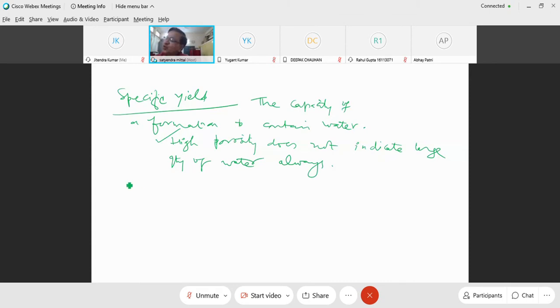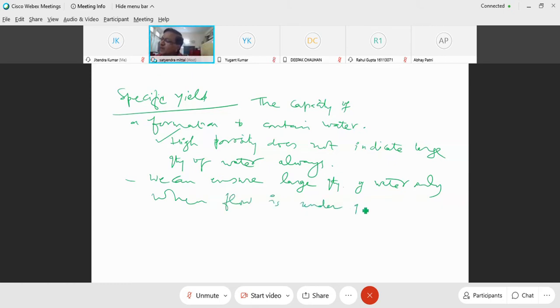So we can ensure large quantity of water only when flow is under gravity.